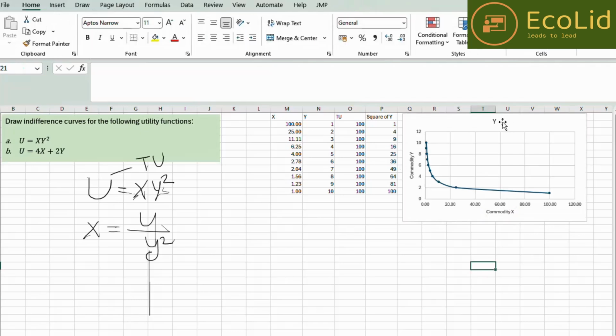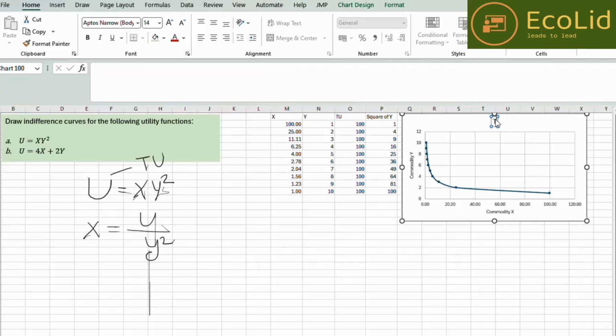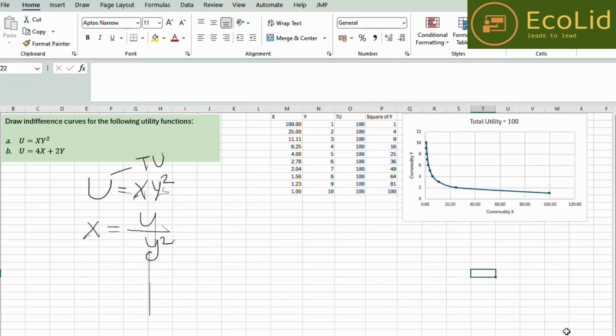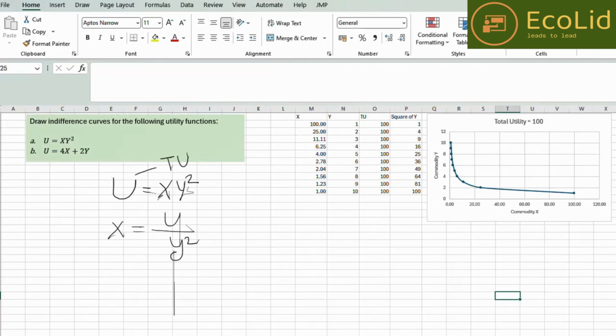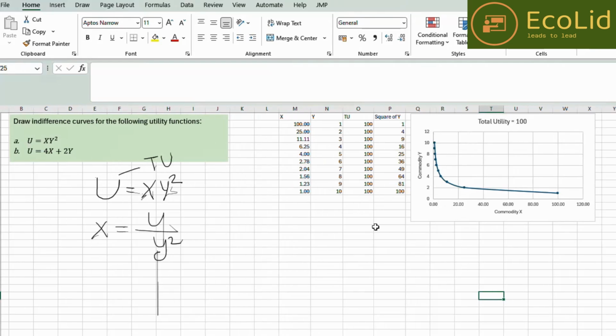Now what would be the name of the chart? We can mention here the amount of total utility. So in this example, the total utility is equal to 100. So for the first numerical problem, we have drawn the indifference curve. There is no compulsion that you should take total utility as 100.